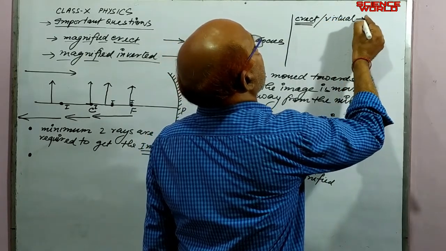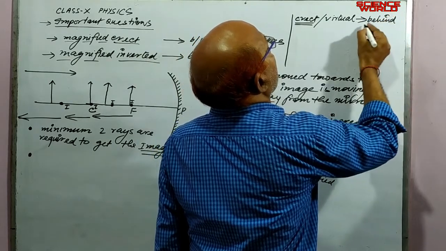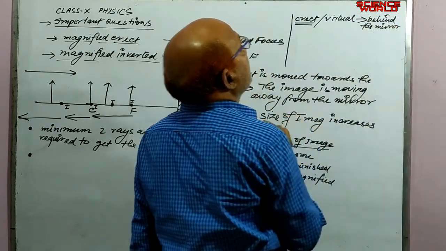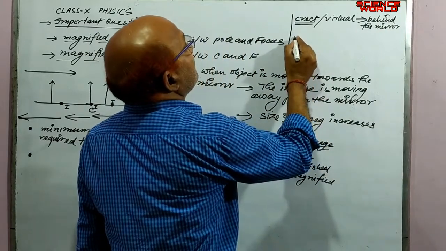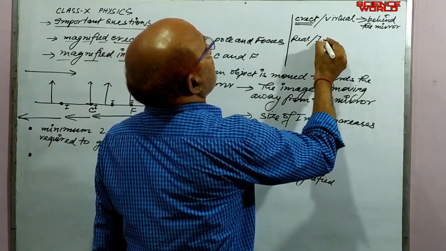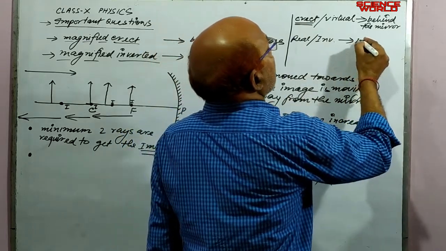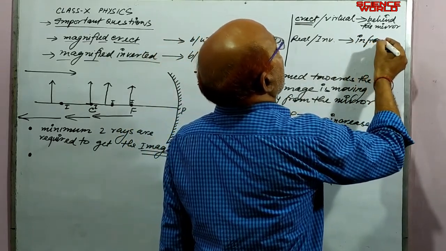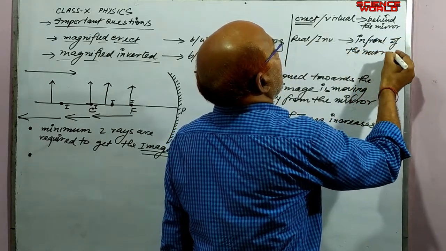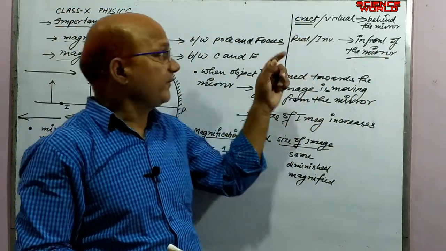It means it is always behind the mirror. Okay. And if image is real and inverted, it means it is always in front of the mirror. Okay. So, these things are also very important.